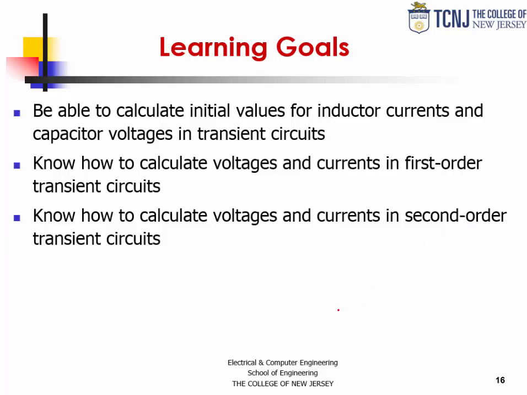So if we look at the three cases, and if we look at the form of the equations that we get by applying either nodal analysis or loop analysis, and we take the forms of the coefficients in the equations, we can find the values of theta and omega naught in terms of the resistor, the inductance, and the capacitor.